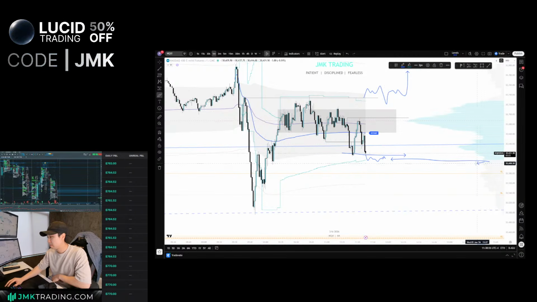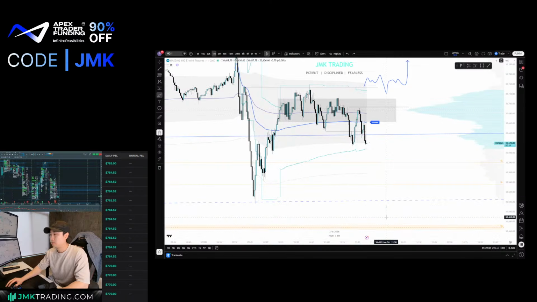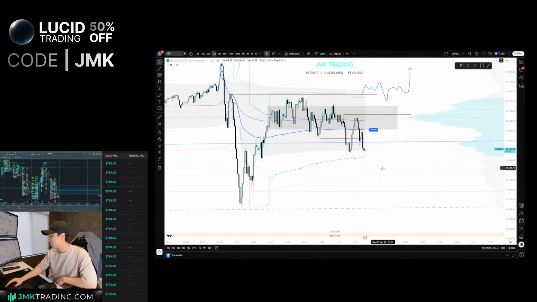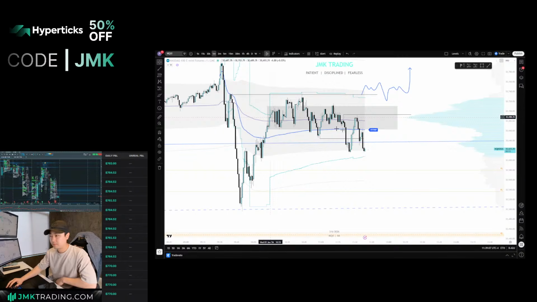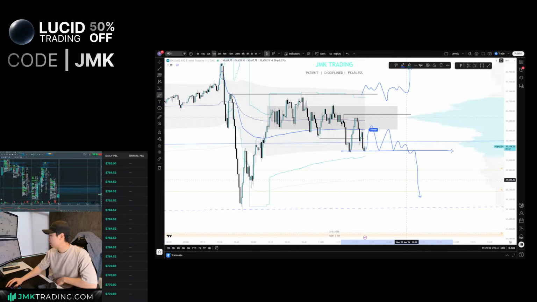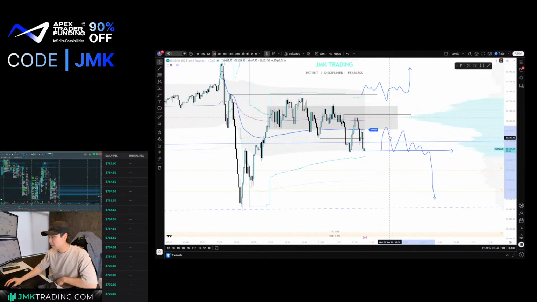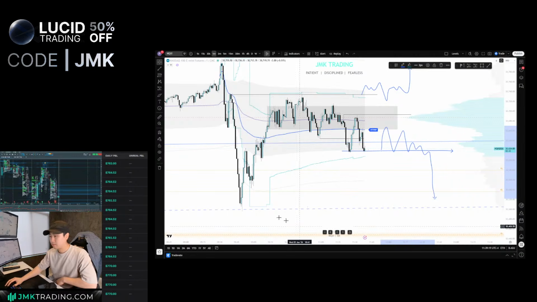Kind of flushing out of value, all these low volume nodes. I think we just flush this. But until we get that confirmation, you could get this, right? I think that's a very big possibility here too. So just think through your options, manage your risk, and play the breakout here.